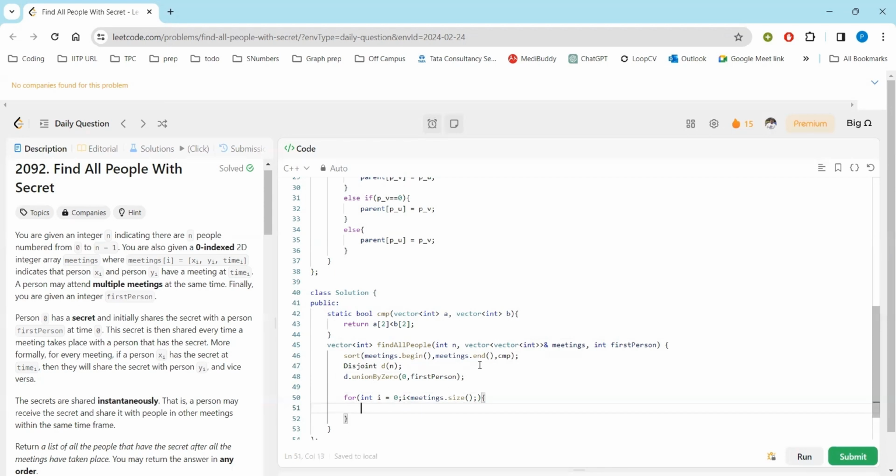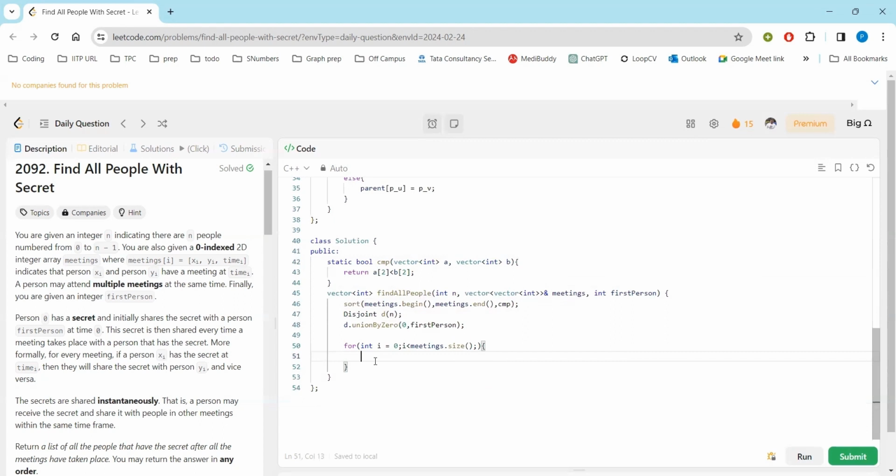So, since we have to iterate the meetings of a time frame, we have to iterate all the meetings of one time frame at once, and we have to check whether any of the meetings has an intersection with any person who knows the secret.